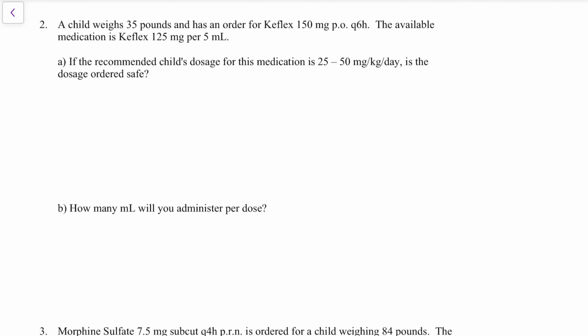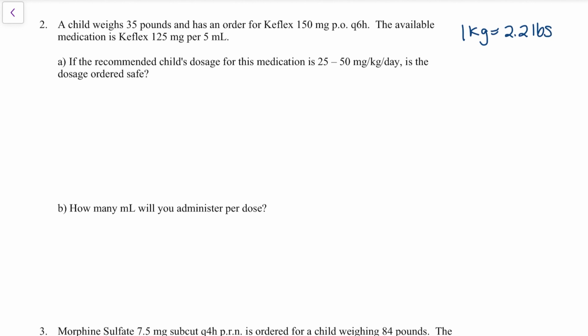So, a couple parts to this question. We need to figure out what the safe dosage range is and how much that order is when we're looking at per day. So let's look first at the recommended dosage for this child. We were given their weight in pounds, and the safe dosage is in kilograms. So we are going to use a conversion of 1 kilogram equaling 2.2 pounds.